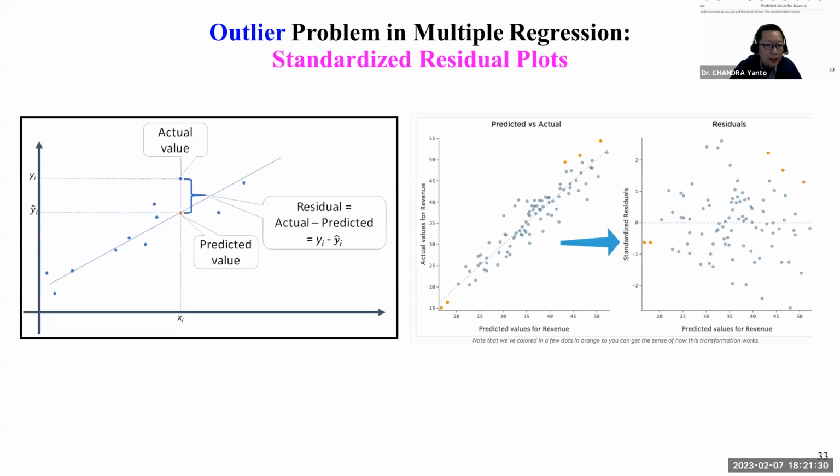So what is an outlier? An outlier is when your data is so much far away from the norm, from where every other data point is, right? And the residual is looking at the actual value and the predicted value. Predicted value is that line that you're predicting using the regression equation. And there's this distance, and that's called the residual. So it's the actual minus predicted, right?